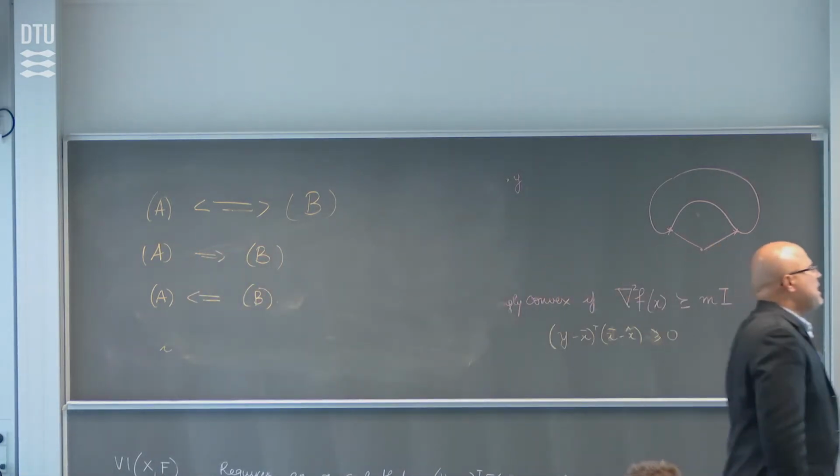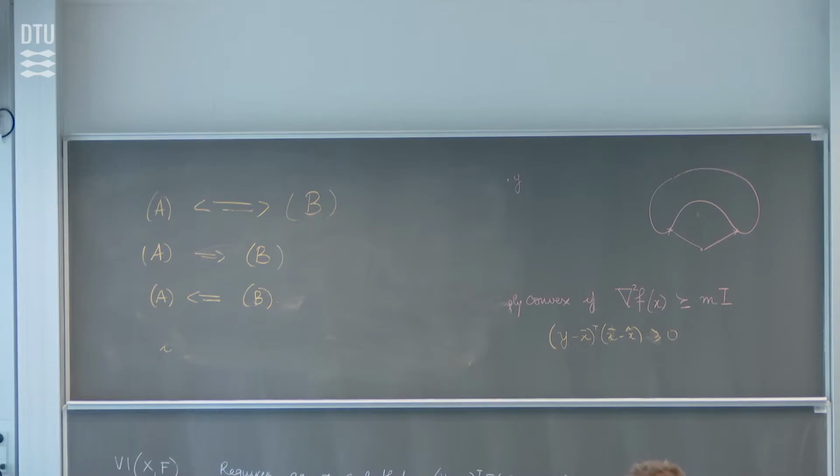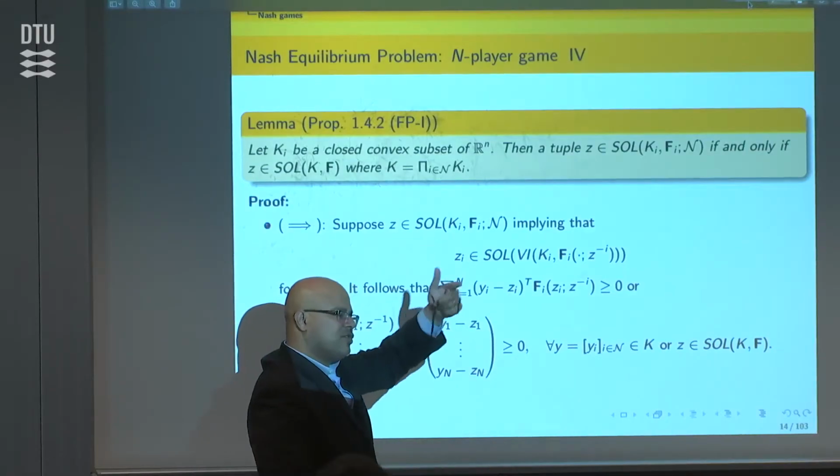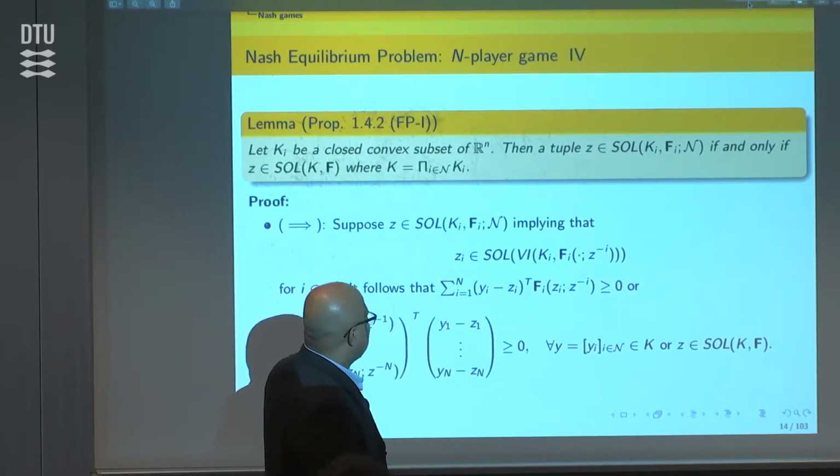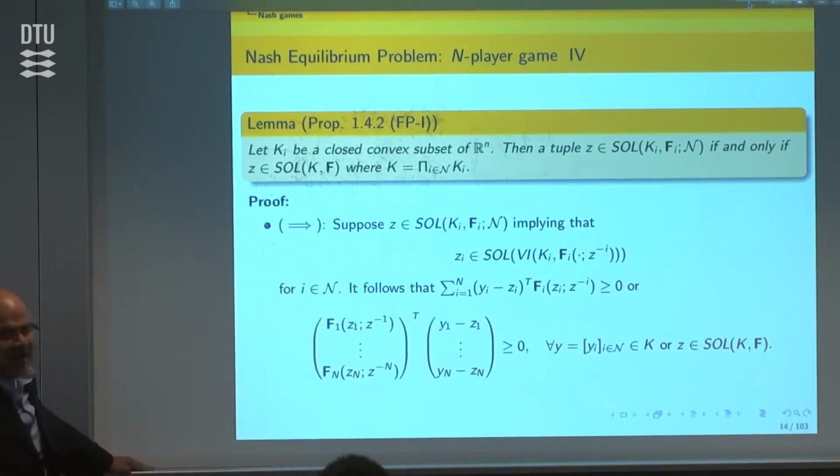So suppose Z is a solution to the problem, and what that means is I basically get a Z that collectively solves each of the n variational inequalities, which means Zi is a solution to VI(Ki, Fi) parametrized by Z minus i.